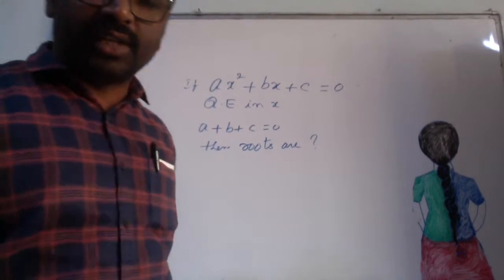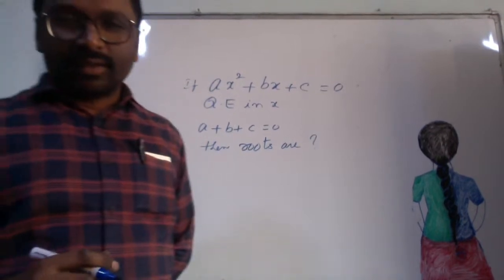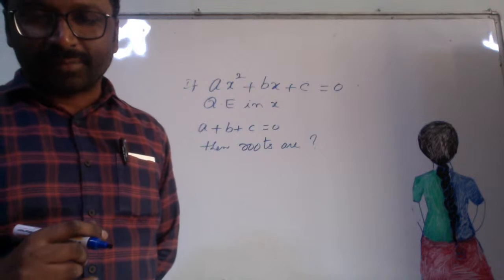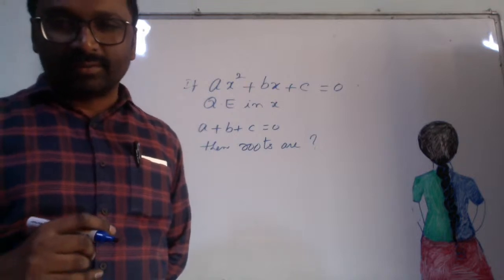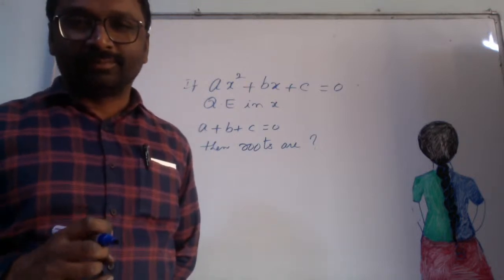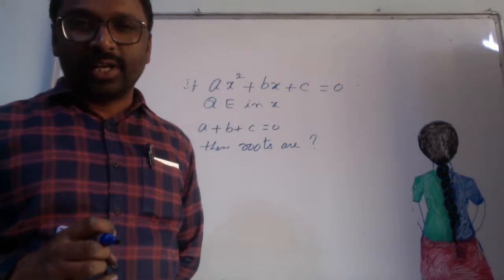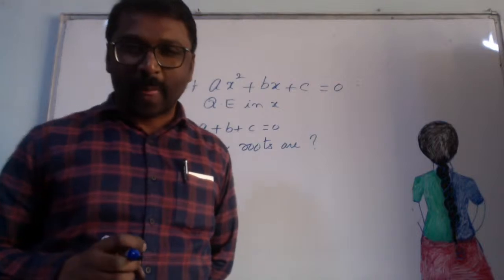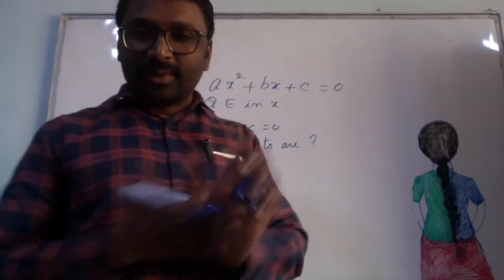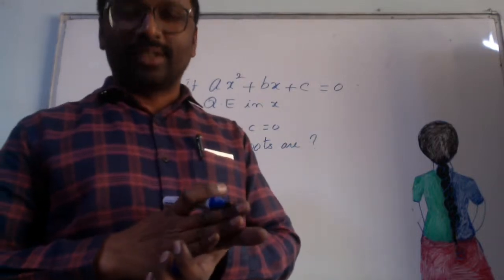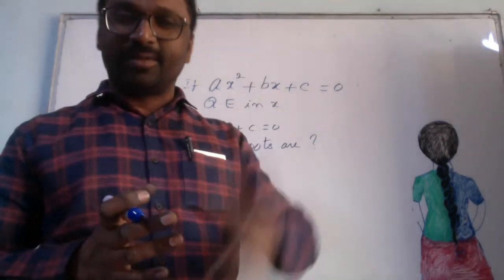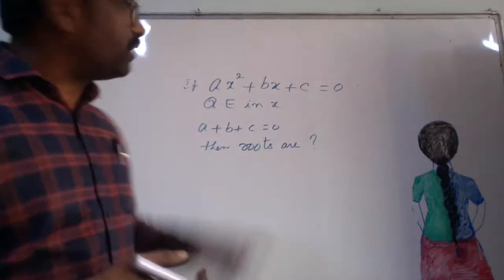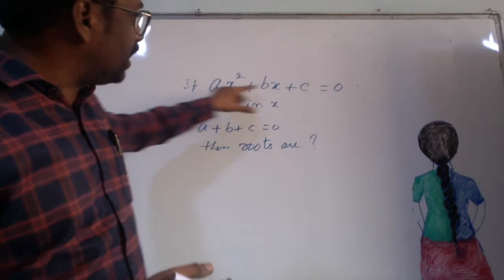At least one root, can you say? One root you can say easily. Anyone? Well done, Aptav. Aptav gave one root correctly. One is the root. Very good. Why? Clearly here x value is 1.